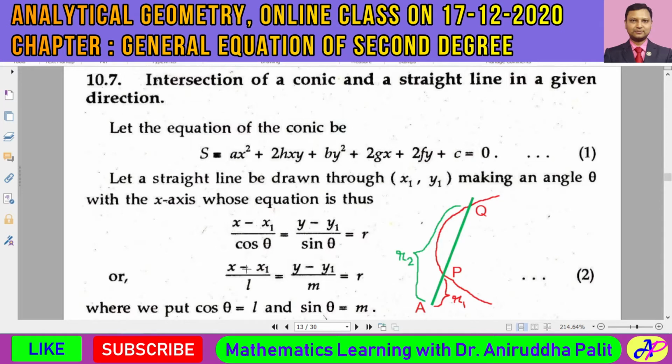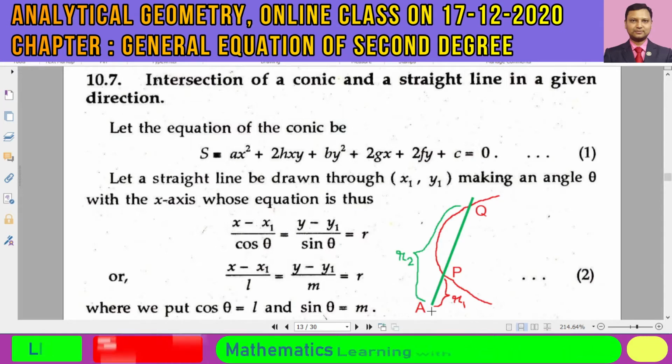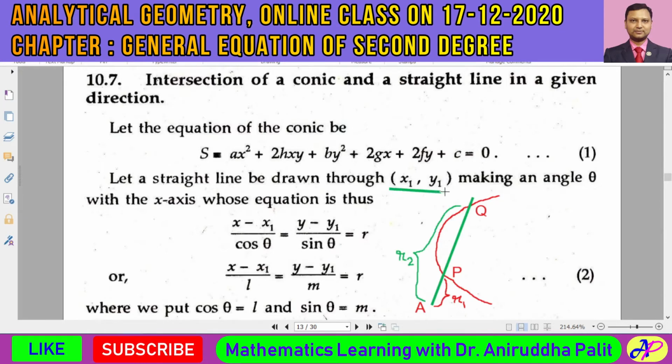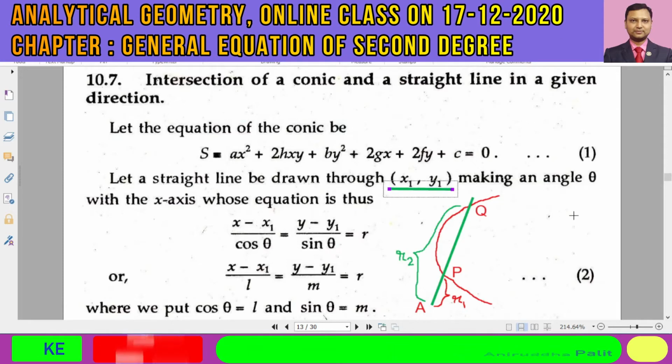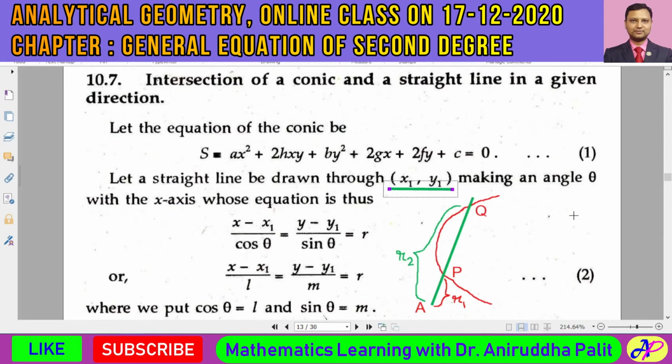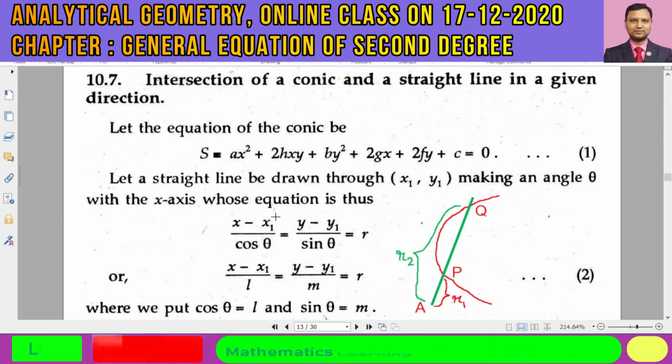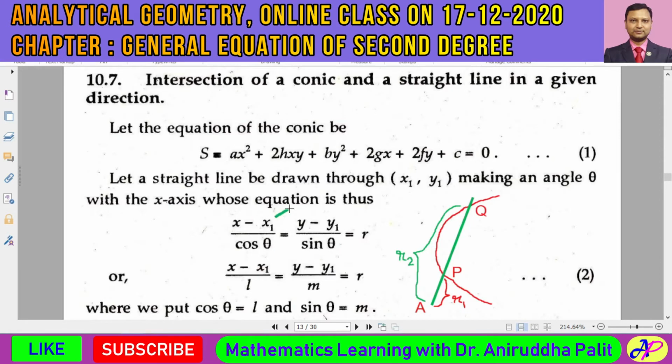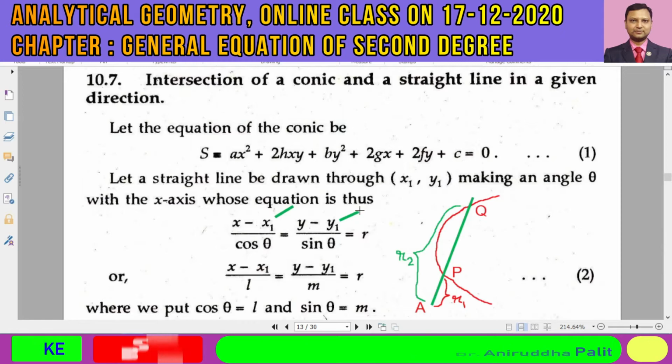How to prove this one? Suppose this point capital A has the coordinates (x1, y1). Then the straight line passes through this point, so in place of a we have x1 and in place of b we have y1.